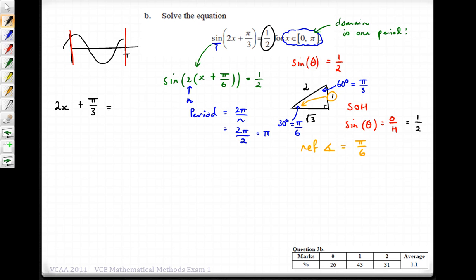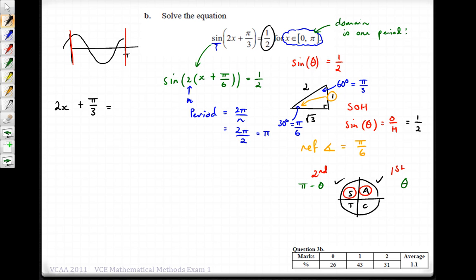equal, so where's sine positive? CAST. So in the first and second quadrants, we've got positive values for all there and sine here. So in the first quadrant, our symmetry is theta, and in the second quadrant, our symmetry is pi minus theta.